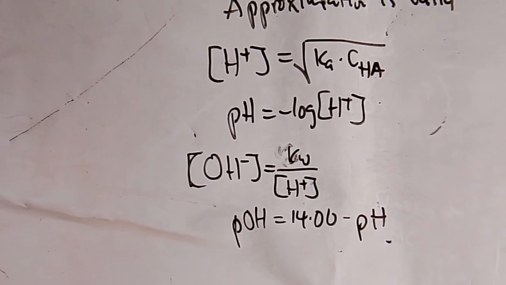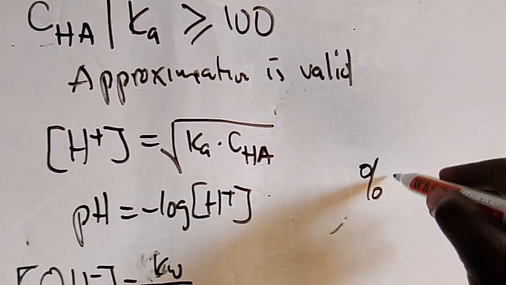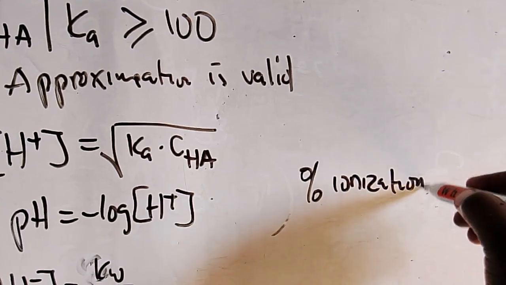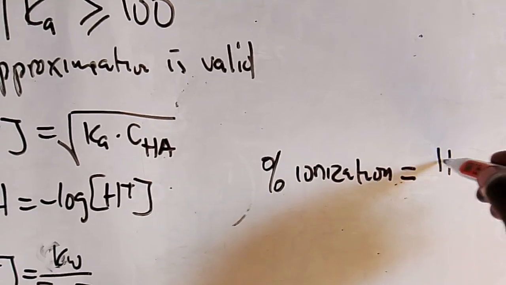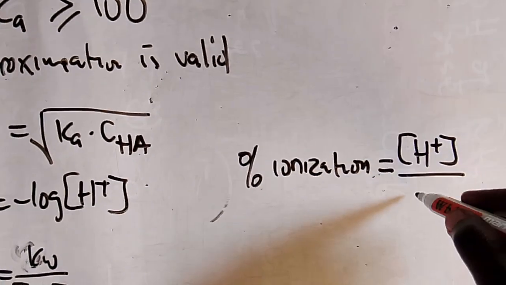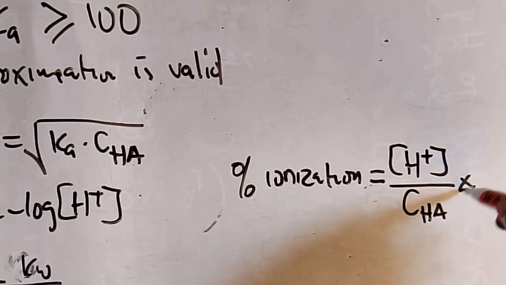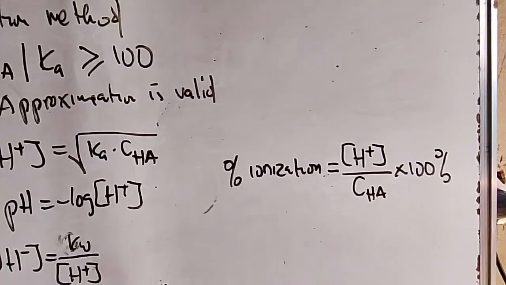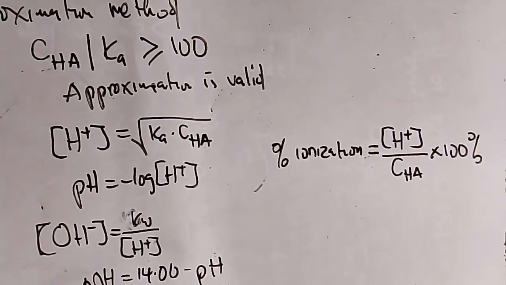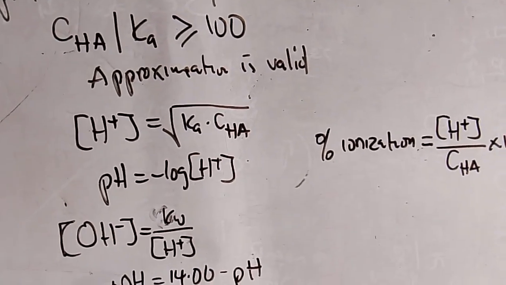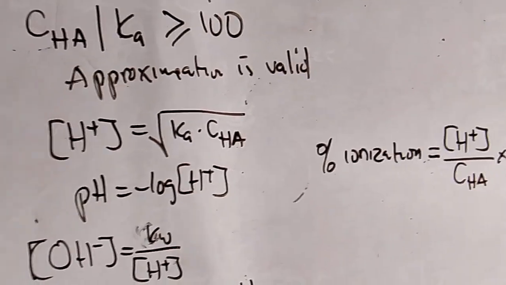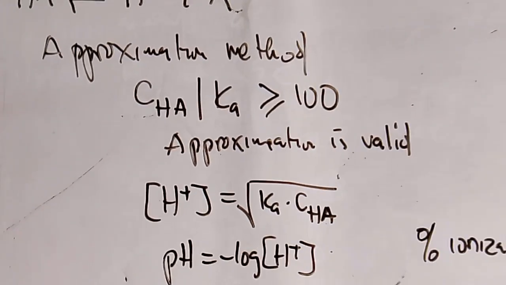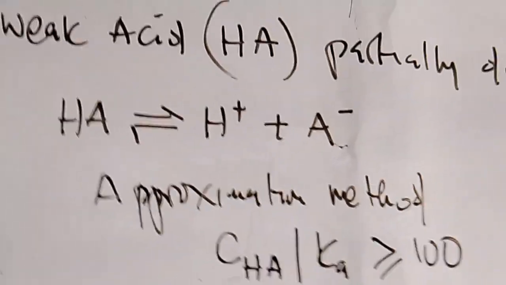We can also calculate percent ionization, which is equal to the concentration of hydrogen ion over the concentration of the acid times 100. Having done this, we can now calculate the pH. So let's have an example. Let's see how we can calculate the pH of a weak acid.